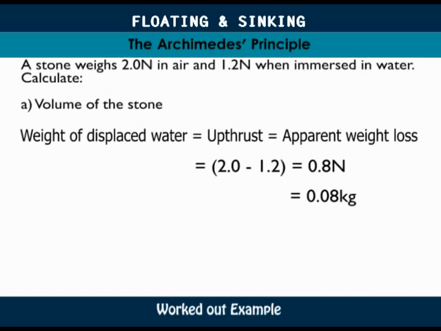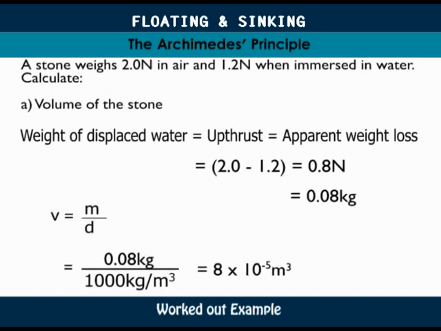So, how much volume of water weighs 0.08 kilograms? Density is equal to mass over volume, and so volume is equal to mass over density. That is 0.08 kilograms over 1,000 kilograms per cubic meter, which is equal to 8 times 10 raised to the power negative 5 cubic meters. This is also equal to 80 cubic centimeters, and this is the volume of the stone.